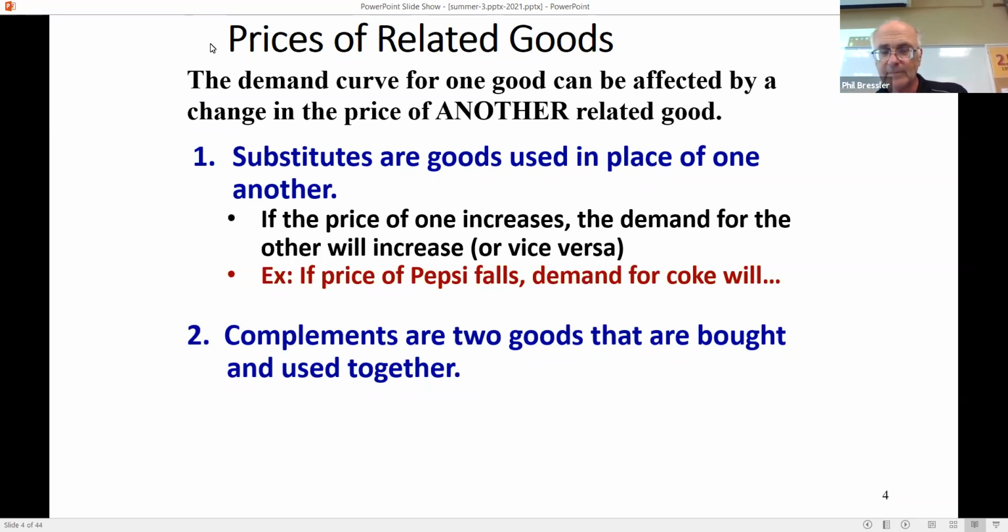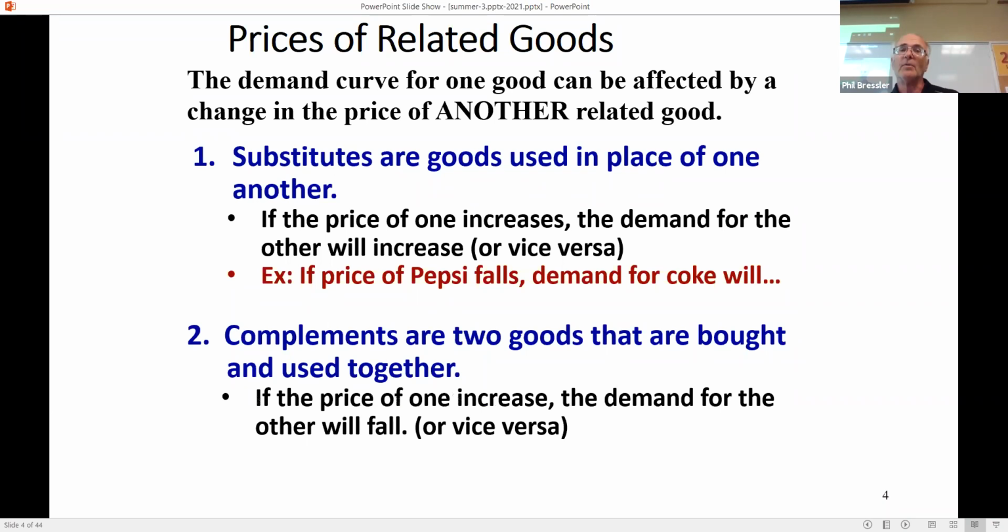It will go down. It will go down, right? Because the price of hot dogs goes up, people are purchasing fewer hot dogs, therefore they're going to demand fewer buns. All right, so that's how complements work. They kind of work in opposite reaction. If the price of one goes up, the demand of the other goes down.